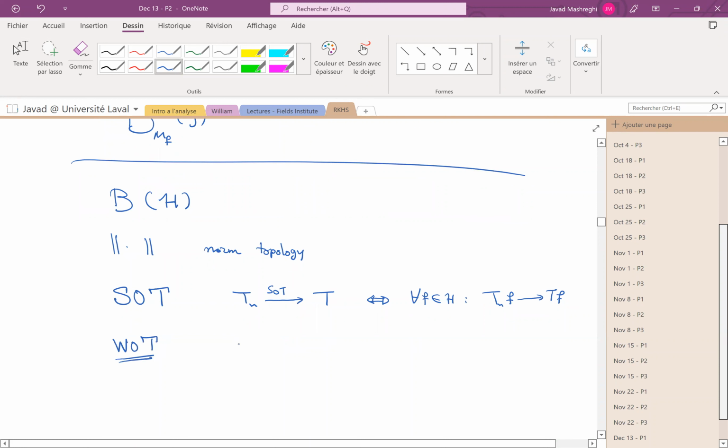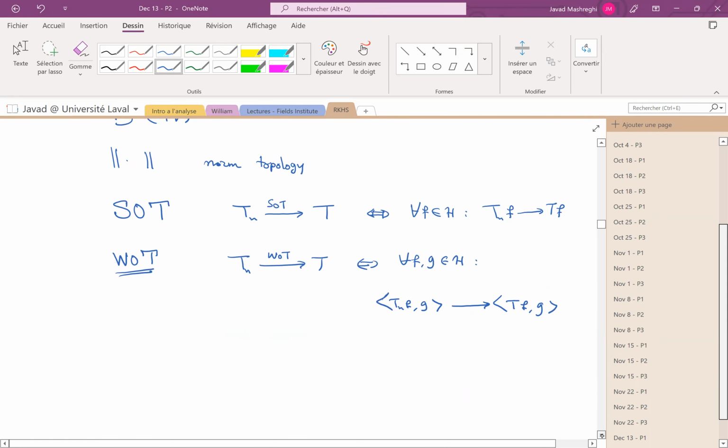And the last one is the weak operator topology. In this case, T_n goes to T in the weak operator topology if for every f and g in H, the scalar product of T_n f with g converges to that of T f with g. The norm topology is the strongest one, in the middle we have SOT, and the weakest one is the weak operator topology.